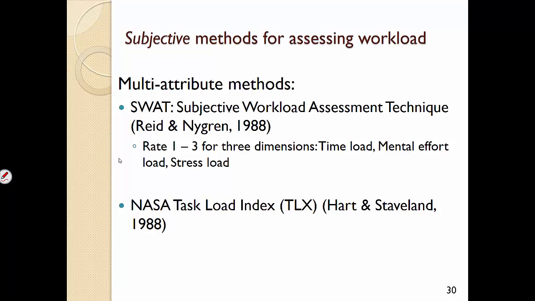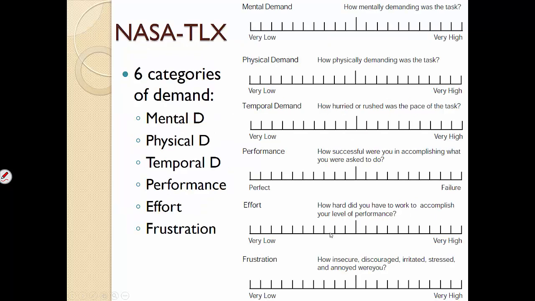So it's not just 1 to 10, how hard was it, but it's 1 to 3 for how much this affects your load over time, how much mental effort is going in, what's the stress. The SWAT, subjective workload assessment technique, has those 3 dimensions. The NASA Task Load Index, the NASA TLX, is probably the most widely practiced one. And this has 6 dimensions.